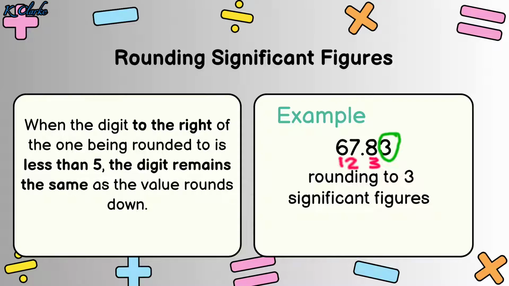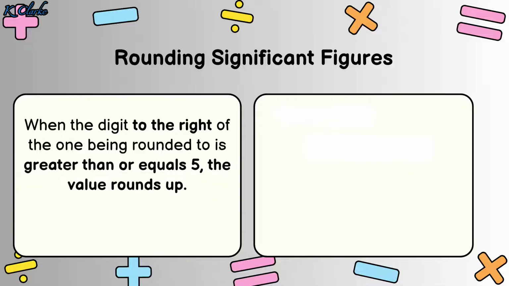Since 3 is less than 5, the value rounds down, so we remove the 3. The answer to 3 significant figures is 67.8.